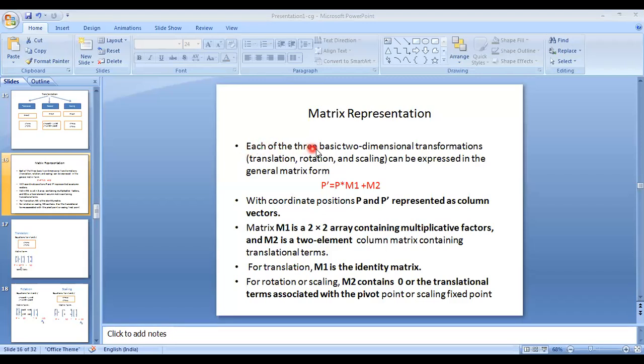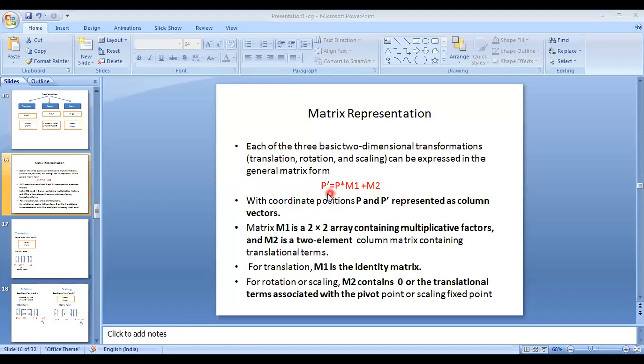Each of the three basic two-dimensional transformations, that is translation, rotation, and scaling, can be represented in a general matrix form. That is, p dash, which is my new point x dash, y dash, is equal to p, my old point x y, into m1 plus m2.